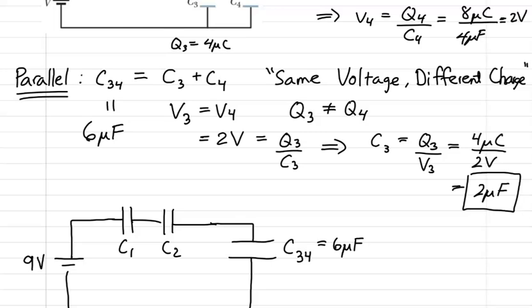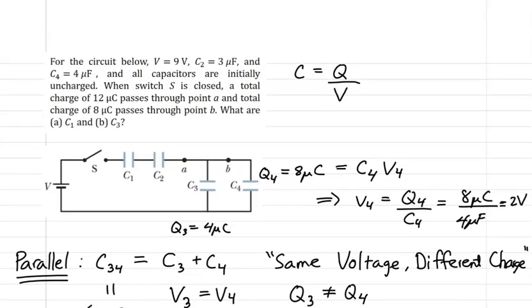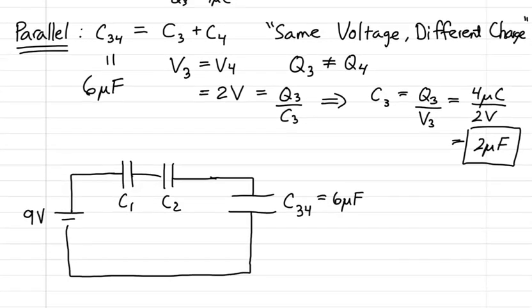C1 is what we're trying to find. C2 is equal to 3 microfarads.